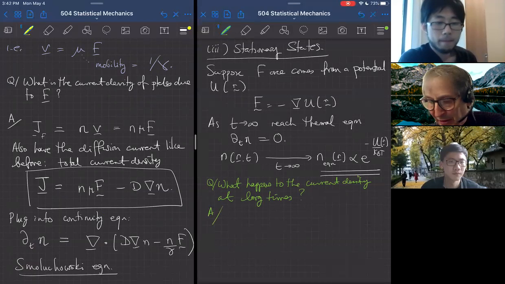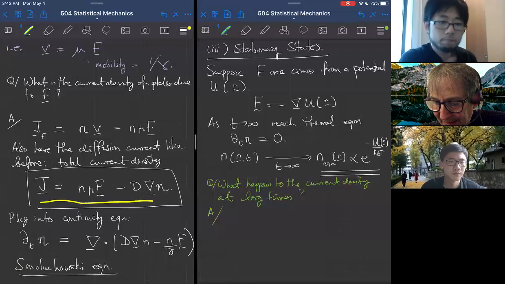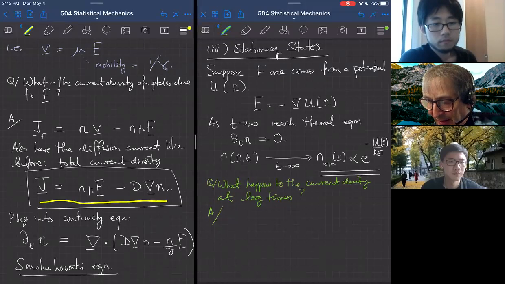So what I'm going to do is take this formula and substitute it into equation star. So I'm going to replace n with n equilibrium.